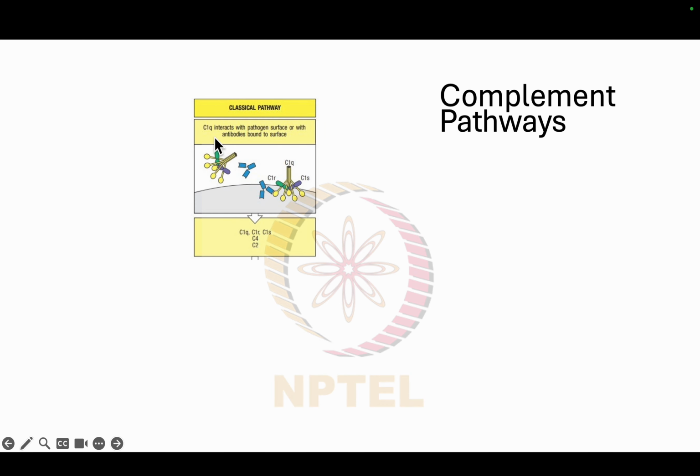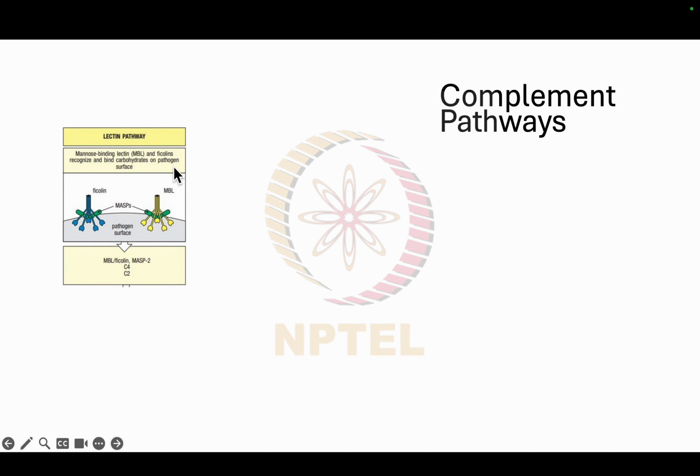Classic pathway: C1q interacts with the pathogen surface or with antibodies bound to the antigen surface. Lectin pathway: mannose binding lectins and ficolins recognize and bind carbohydrates on the pathogen surface.